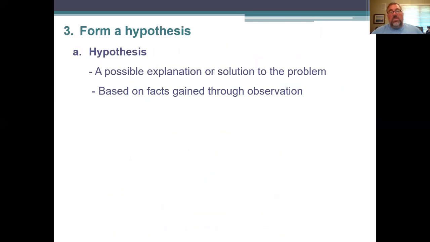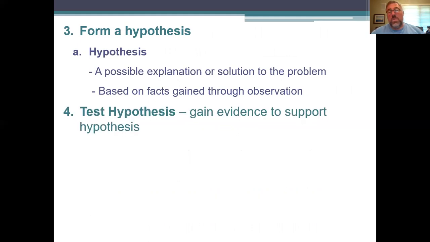Okay, so the next thing that we're going to do is form a hypothesis. What is the solution? And again, we probably have a good idea of what's happening, but we've yet to prove it. Then we test and we test and we test all over again.